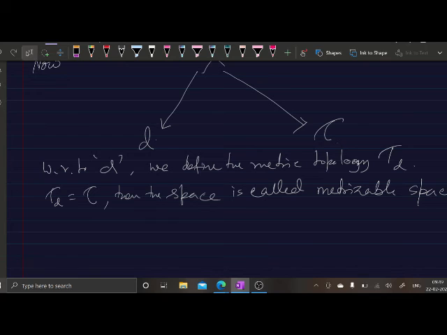That means the topology defined on X can be determined by the metric D, then the space is called a metrizable space.